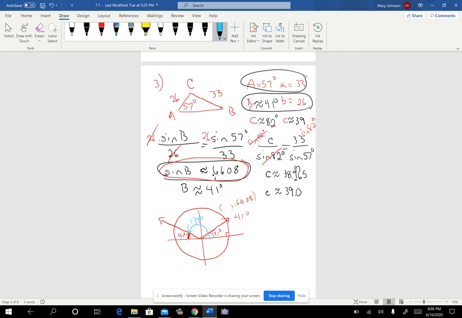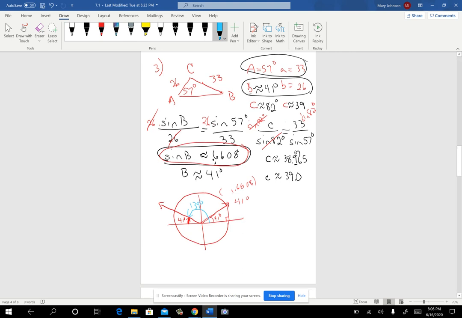That 139 degree angle, why couldn't that be B? Maybe that's B, okay? So you have to think about whether that's possible. Could B be 139? Well, if B were 139, we were given that A was 57.